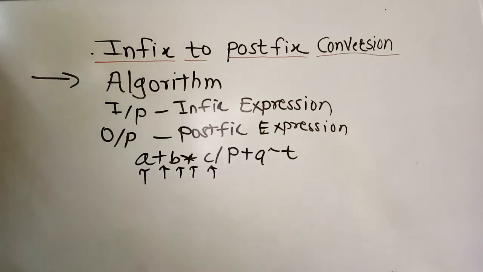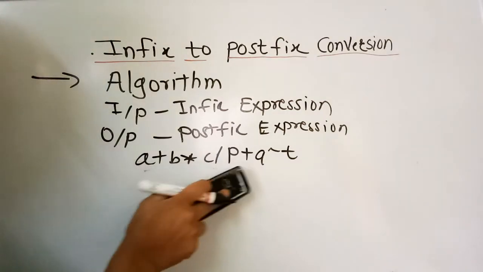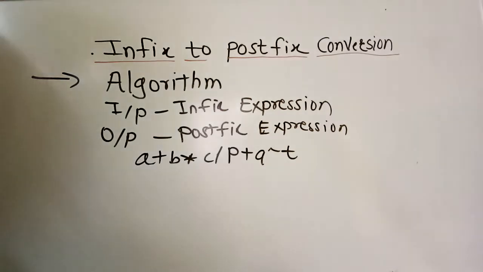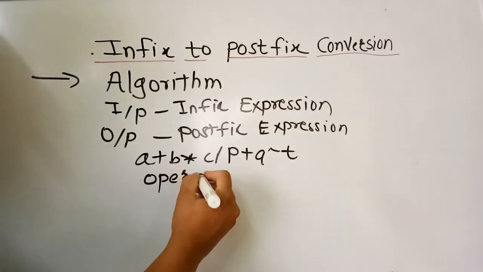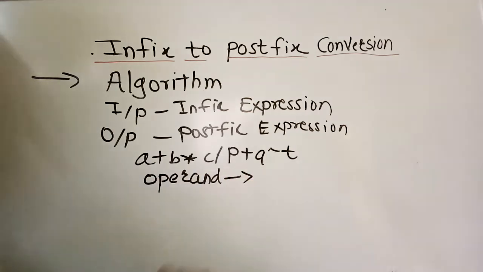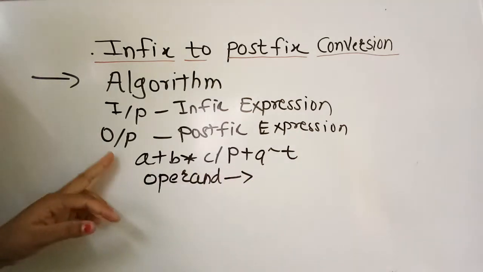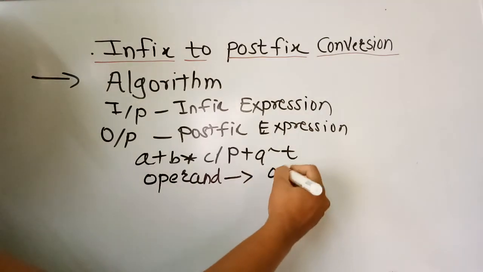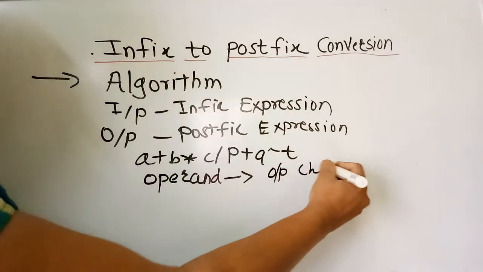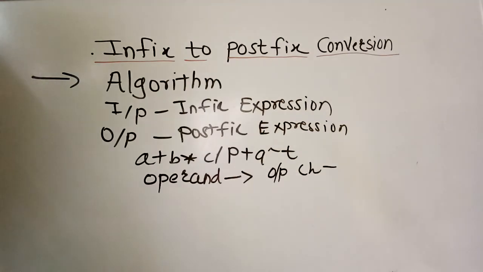Now, suppose the character read is an operand, this A, B, C or whatever, then output that character on the output device.